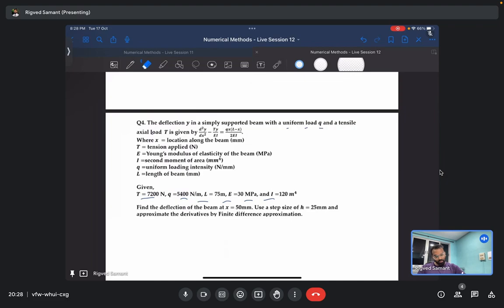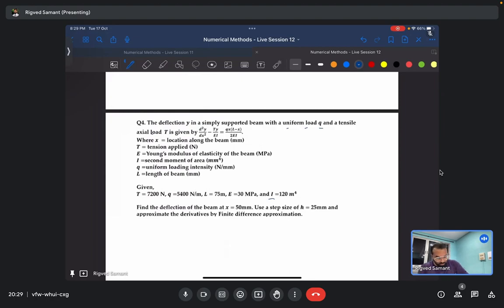Here you have been given these things. The step size h is 0.25, but you will require these things, right? Initial conditions, do you require them in this problem we are discussing right now?